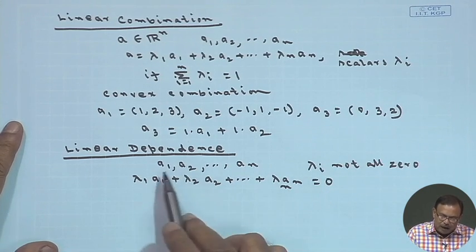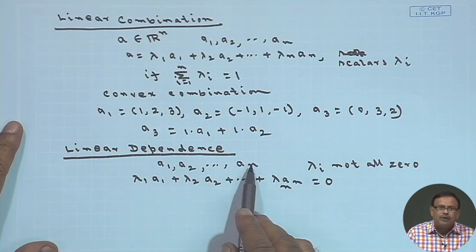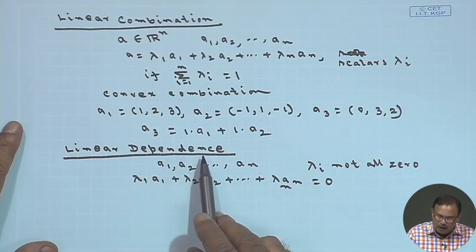Then we say that A1, A2, ..., An, these n vectors, are linearly dependent.